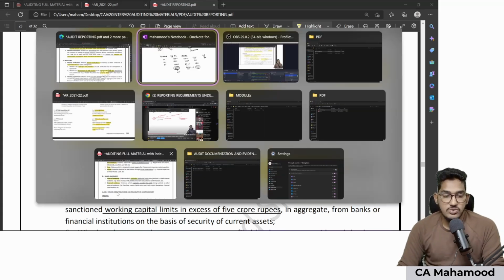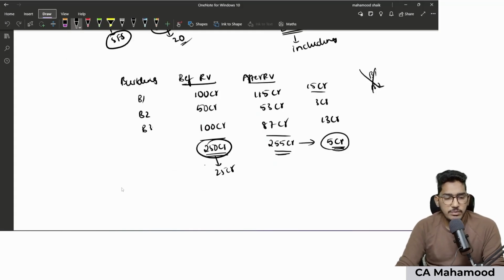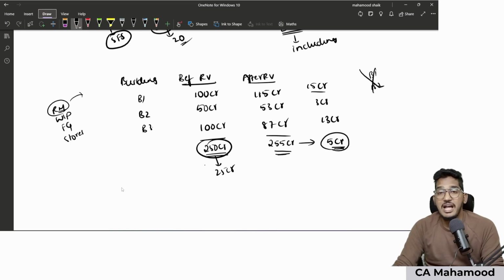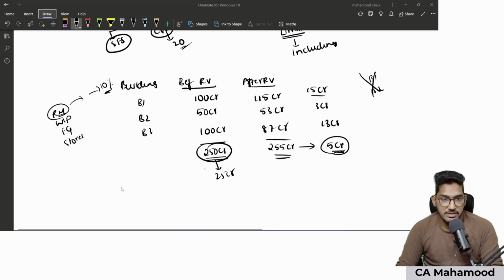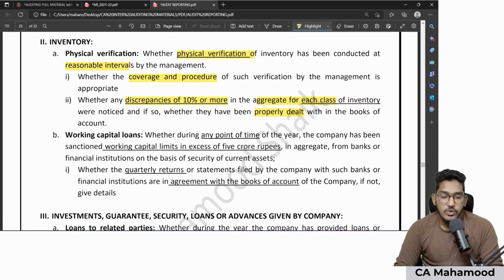When I say classes of inventory, there will only be 4 classes: raw material, work in progress, finished goods, stores and spares. So if there is 10% or more difference for total of each class of inventory, then only you need to report that difference. If less than 10% discrepancy is there for entire class, then you need not report that discrepancy.